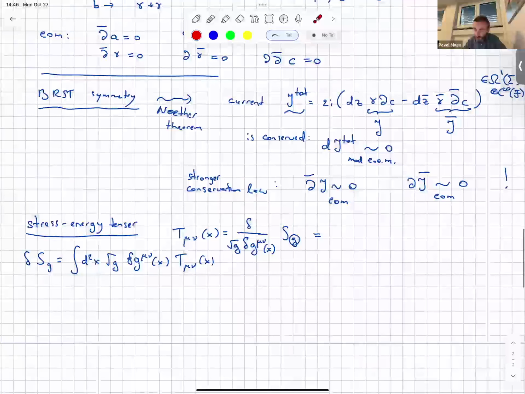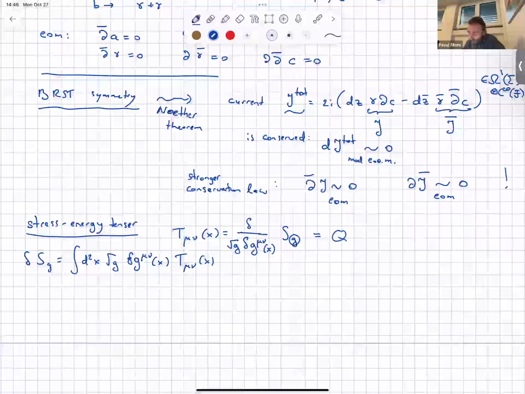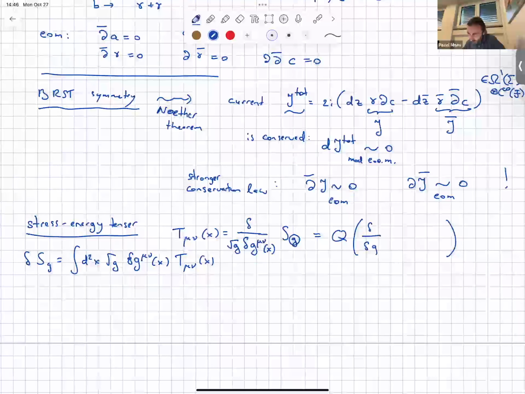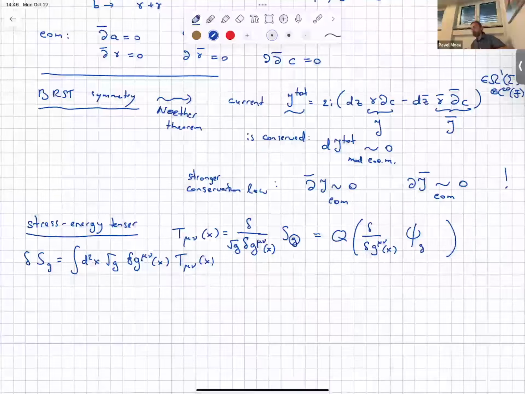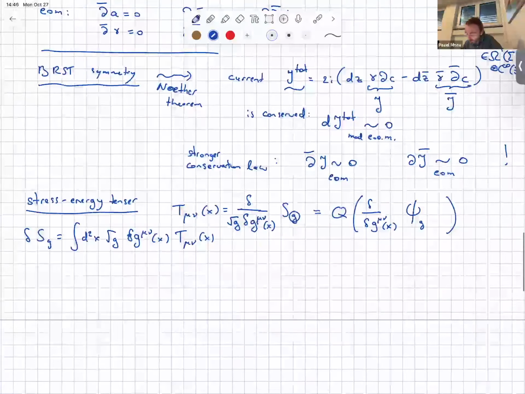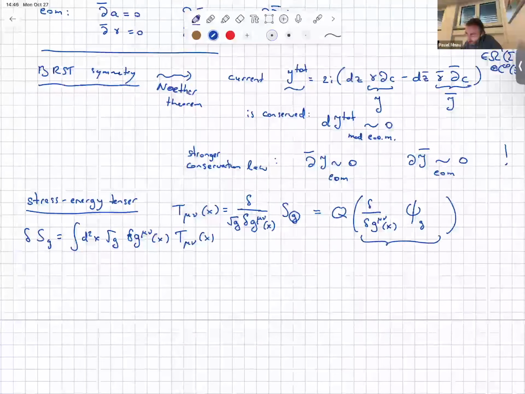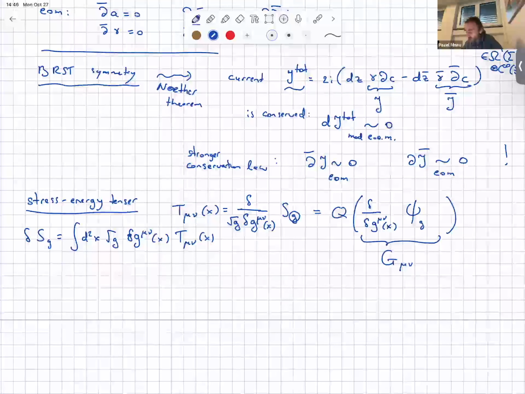So the stress energy tensor will be Q of, let me suppress the square root of the determinant factor, the variation with respect to G of the gauge fixing Fermi, with subscript G because it depends on the metric. Let me denote this new object by capital G mu nu.